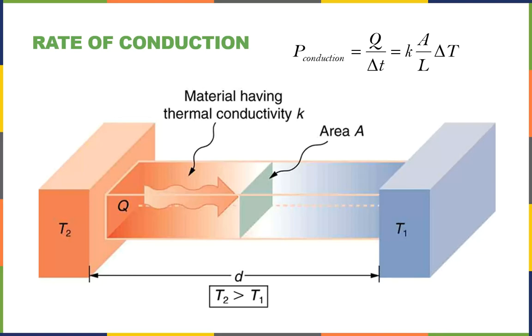Notice it's the cross-sectional area, the area that would be contacting on either side, divided by the length of the bar. So if the bar is longer, it's going to be slower conducting heat. Shorter, it's faster. That K is a constant that depends on the material. It's called the thermal conductivity. K just stands for constant. We use it everywhere in physics, like K for Boltzmann's constant. K for constant.